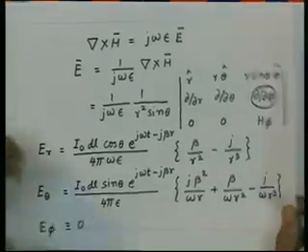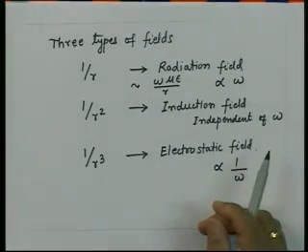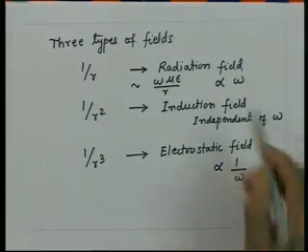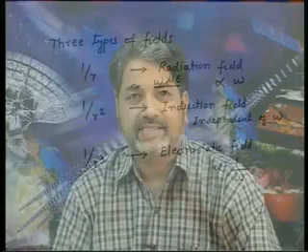So radiation becomes stronger and stronger for the same current as the frequency increases, and that we understand from the basic argument we put forward for radiation: as the frequency increases, the rate of change of current increases, that means the charges get accelerated and decelerated more, and because of that we have more radiation field.